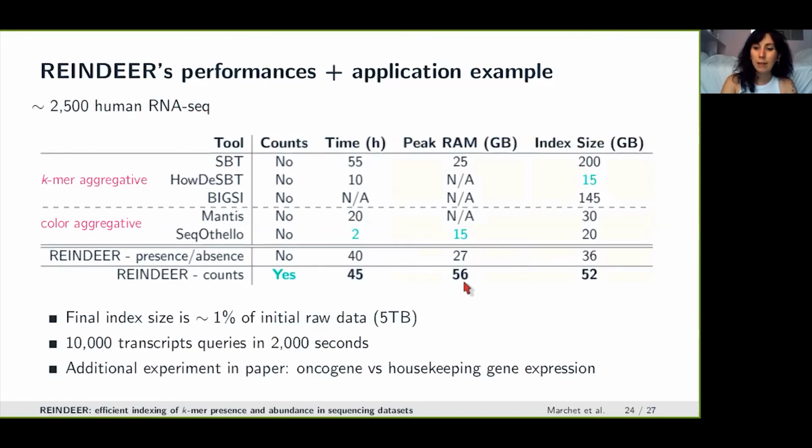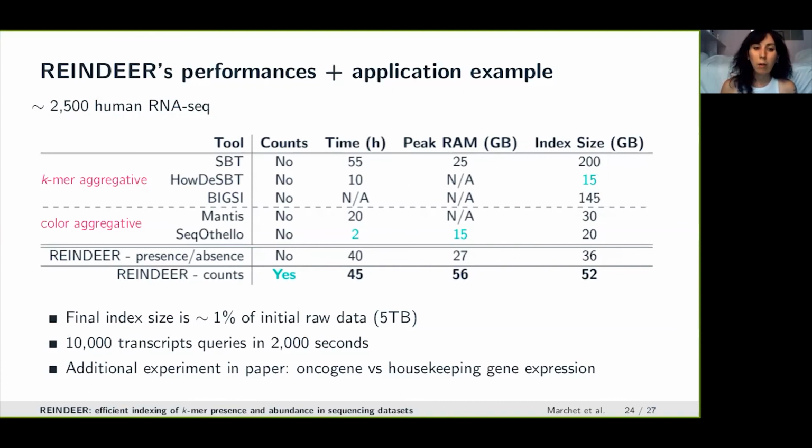And for the index size, we end up with 52 gigabytes, which is not the biggest index, in fact, if you look at the column. And you can notice too that this final index size is only 1% of the size of the raw data, which was around 5 terabytes.